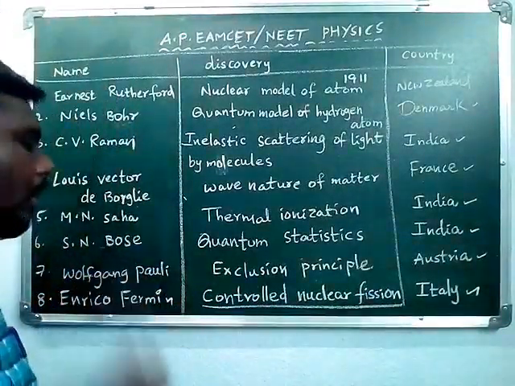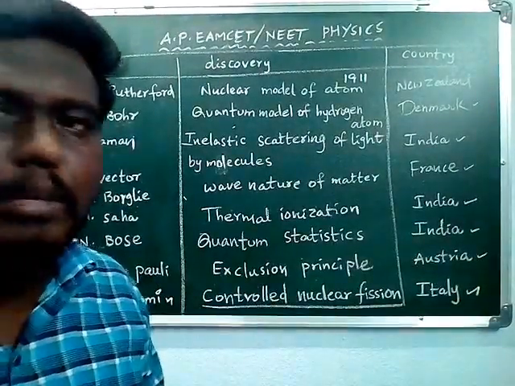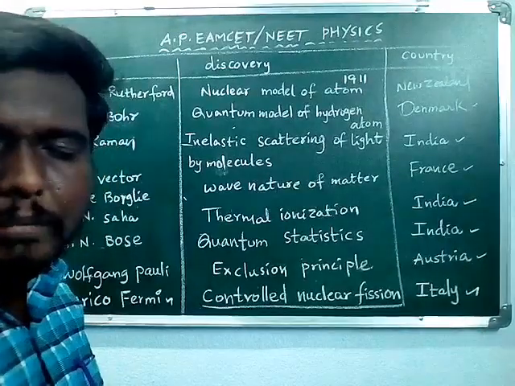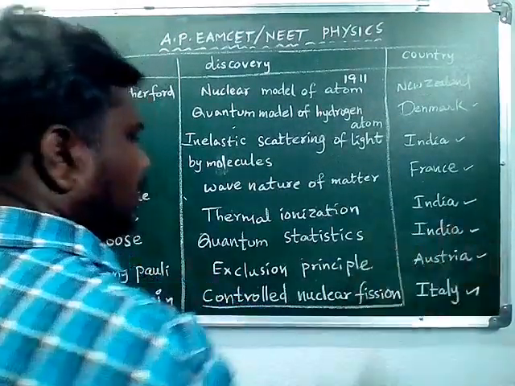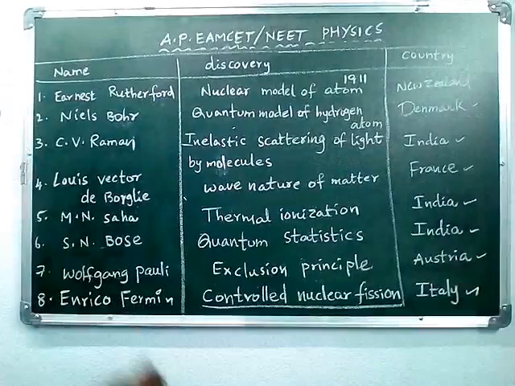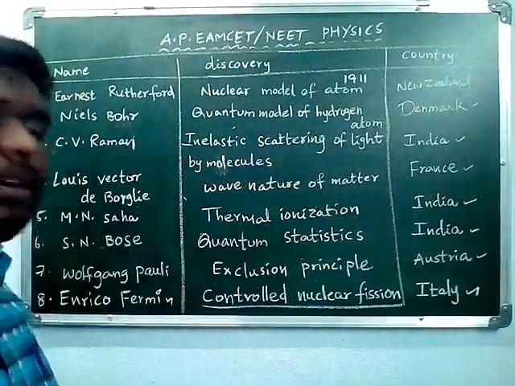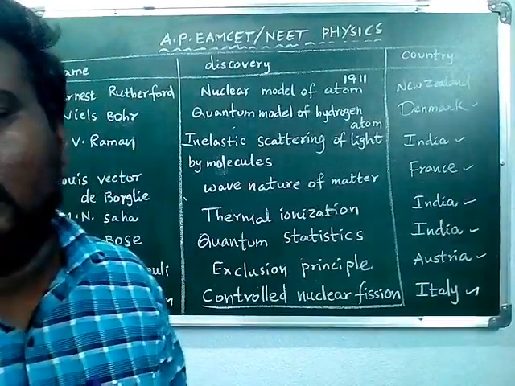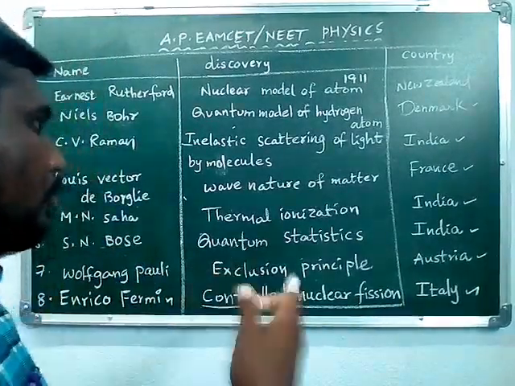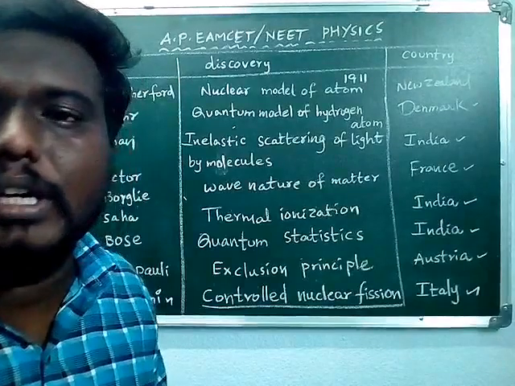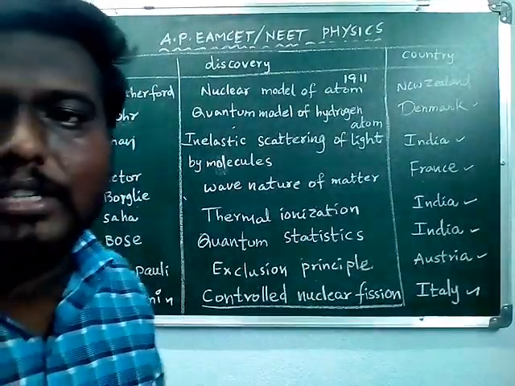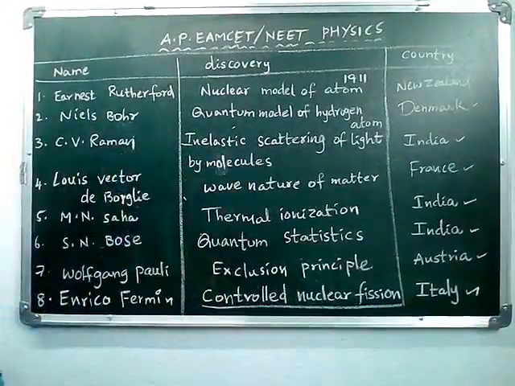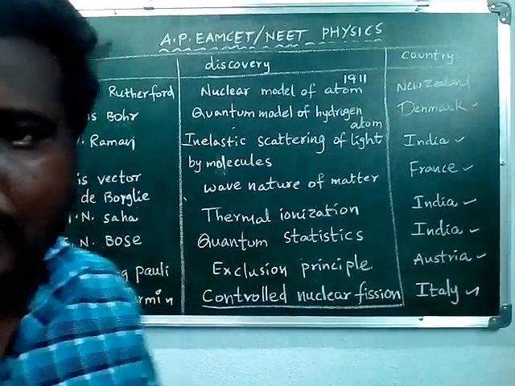Wolfgang Pauli, exclusion principle, Austrian scientist, Austria. Next one is Enrico Fermi, Italian scientist. He proposed controlled nuclear fission reactions. Understand? So these are eight scientists' names, their discoveries and their countries, right?